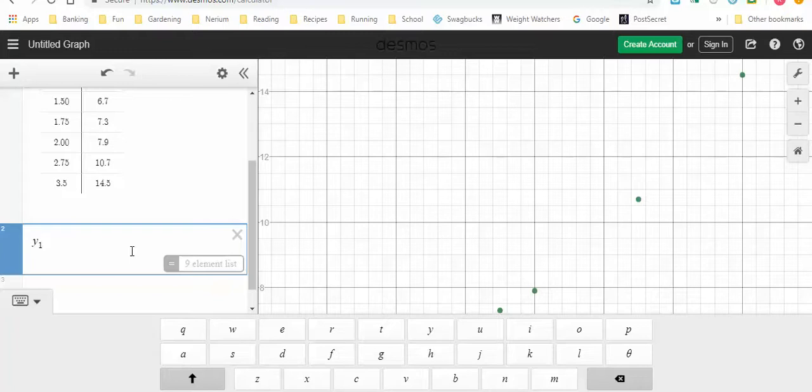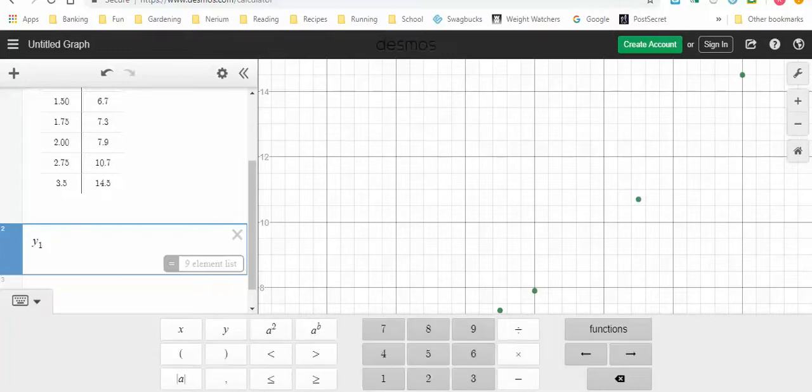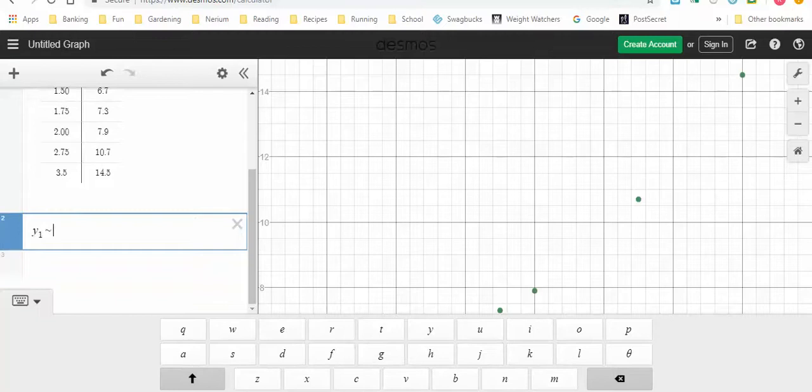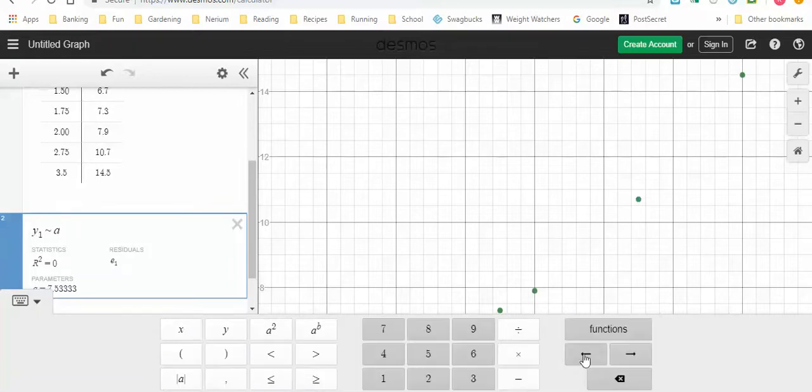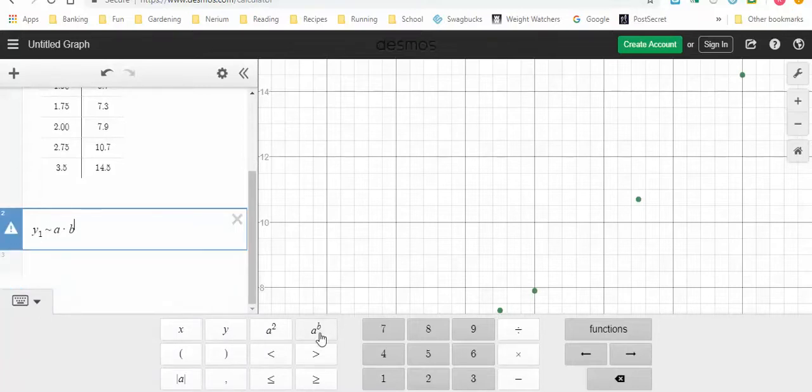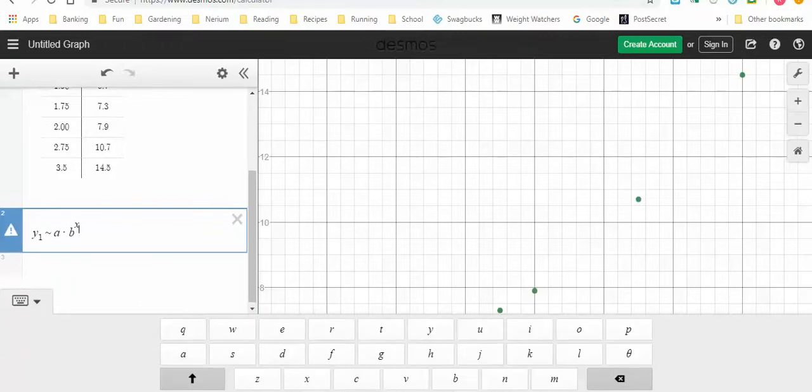And then we need to do approximately, which is the squiggle, A times B. Then we want the exponent of x sub 1.